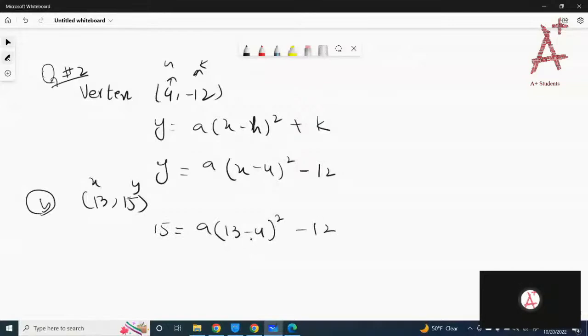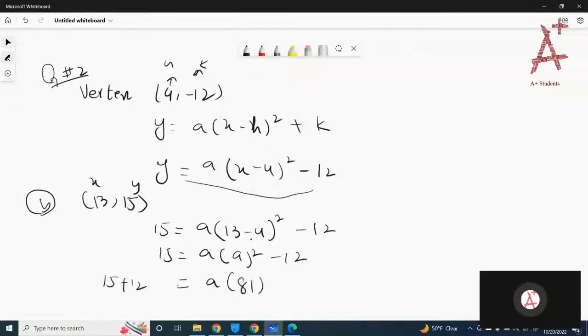I just substituted the values of x and y in this equation. It would be 15 equals a times 13 minus 4, which is 9 square, and minus 12. Shift that negative 12 to this side. It would be 15 plus 12, and 9 square is 81. So 27 equals a times 81, and then a equals 27 over 81.